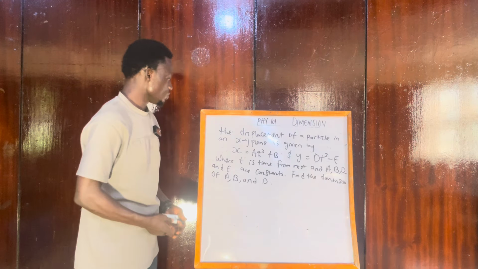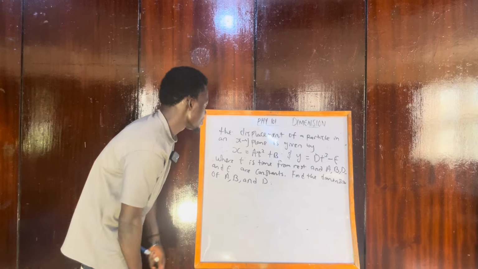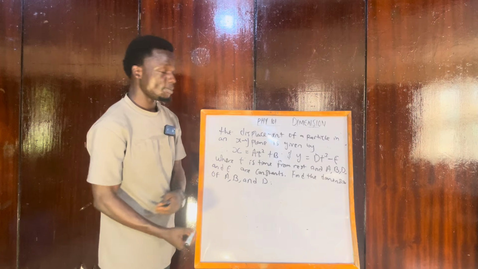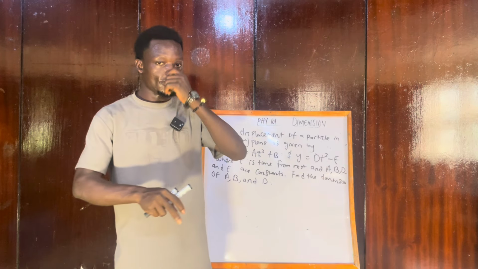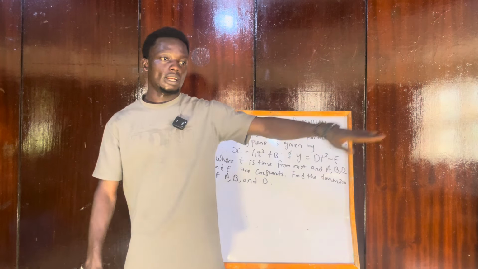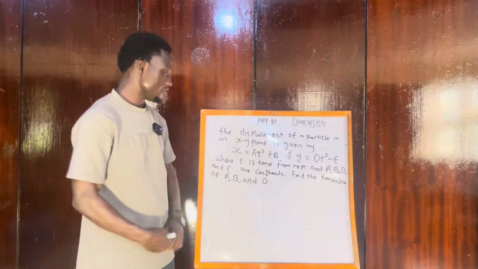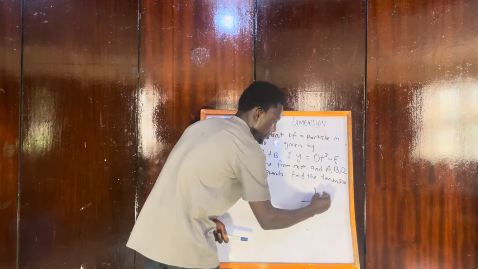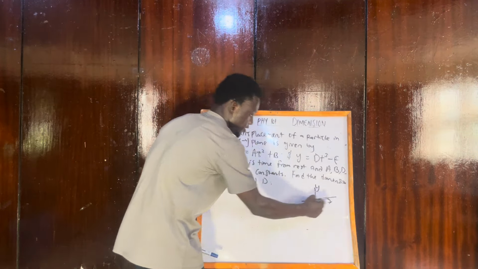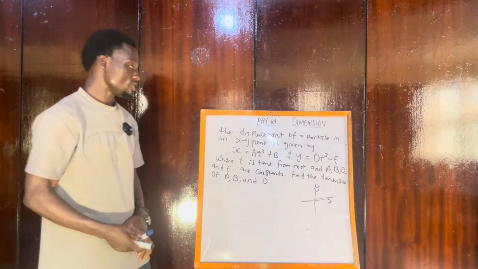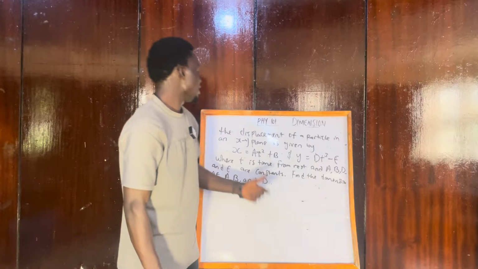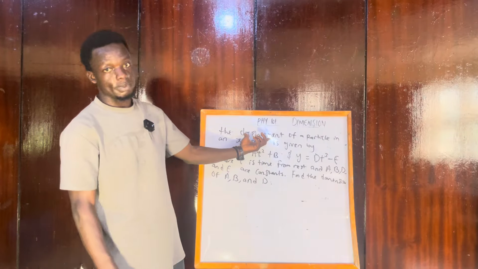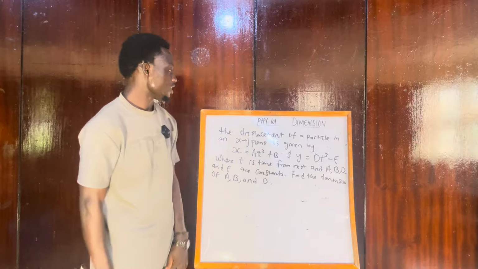What you need to know first is that your x and your y are lengths. We are talking of an xy plane like a number line, like a line on your graph. If you have your graph, this is your y and this is your x, and this is referring to length. Your y also is referring to length. And we have been told that this is a displacement, so we don't even need that.